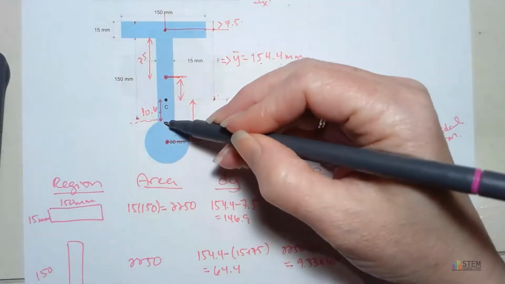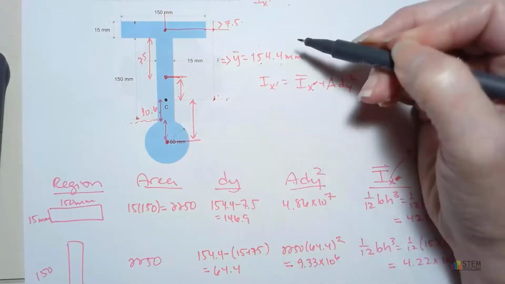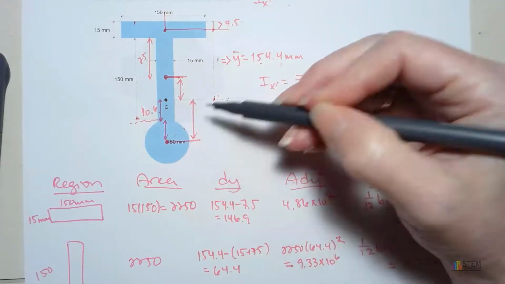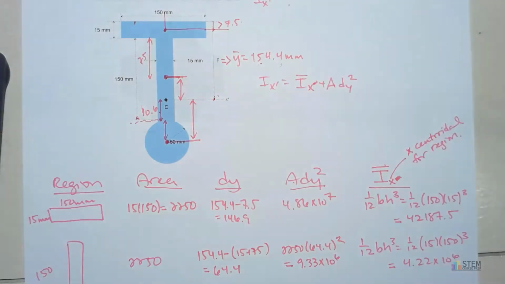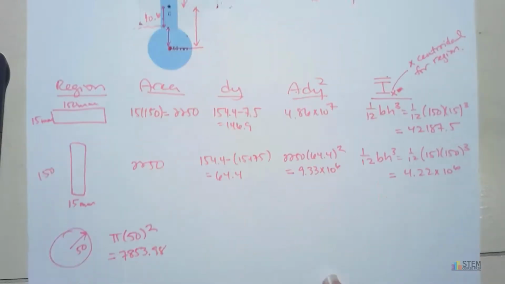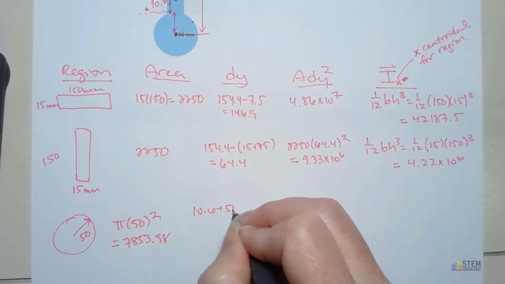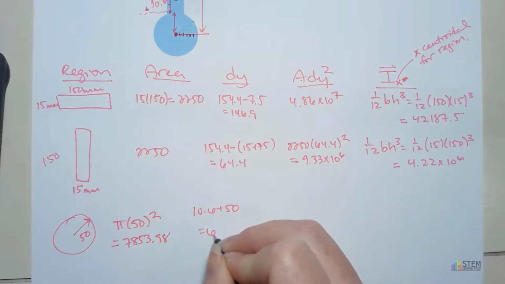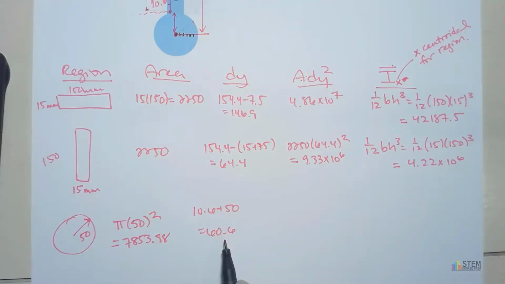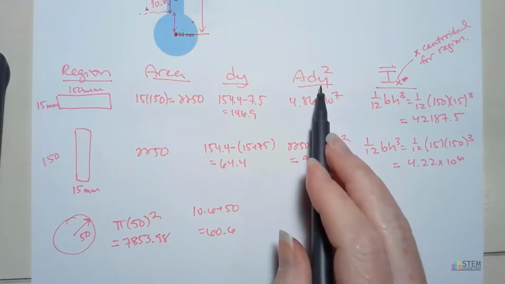Now I also need this distance here, which is just this radius. All right, so that's going to give you 50. So we're going to have 10.6 plus 50. That's 60.6. And this one you don't really need to worry about if it's positive or negative because you're going to square it anyways.